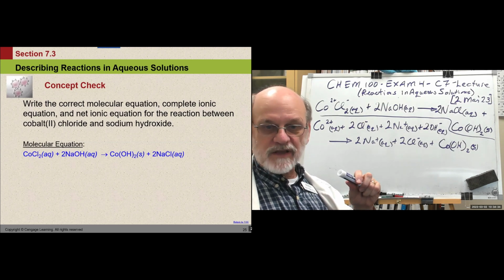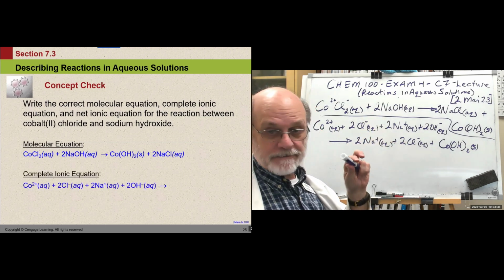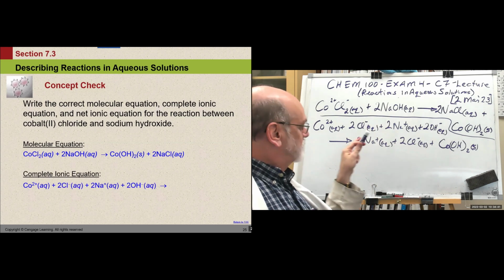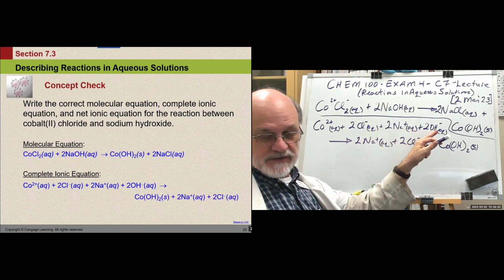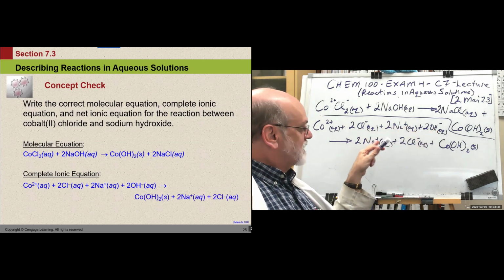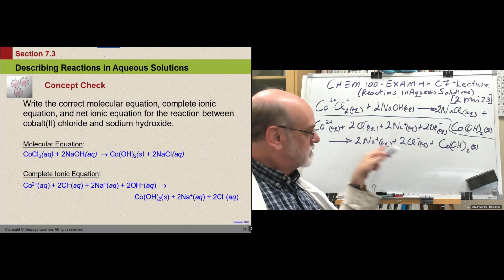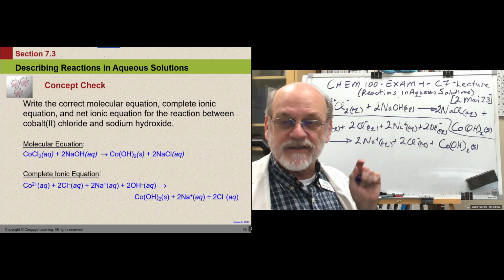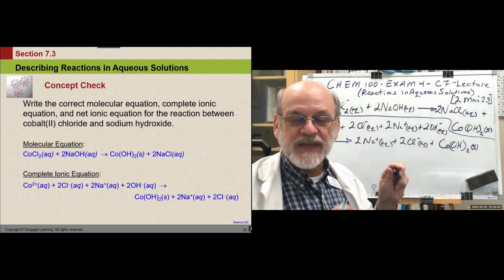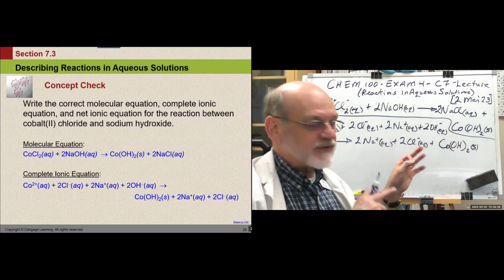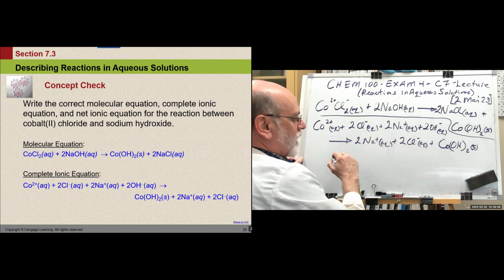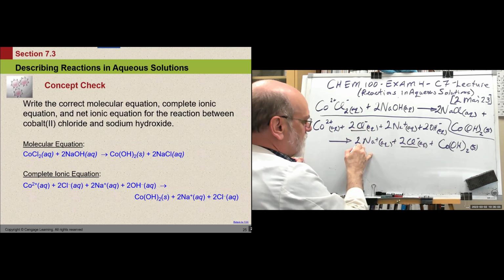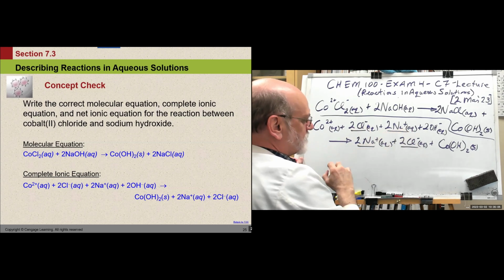That's our complete ionic equation. There's our molecular equation, we did that one already, and the complete ionic equation there. Just checking myself. Yes. Okay. So now what we do is we find the spectators, the ions that are the same in solution on both sides. We find one here, and here, and here, and here.